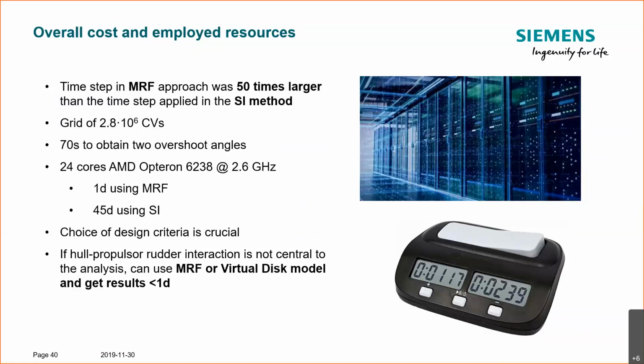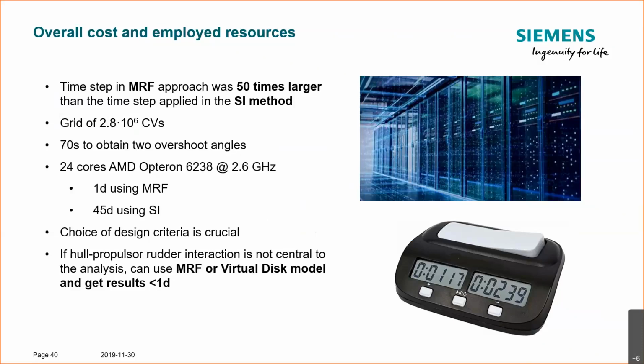The hull-propulsor-rudder interaction will not be crucial actually. So then I can use the moving reference frame technique, or I can even use a virtual disk model and just look at the turning diameters for hull number A versus B, C, D, E. Because for all of them, I use the MRF or a virtual disk model. So then I can get a maneuver in less than a day.